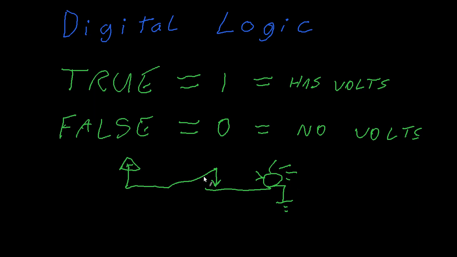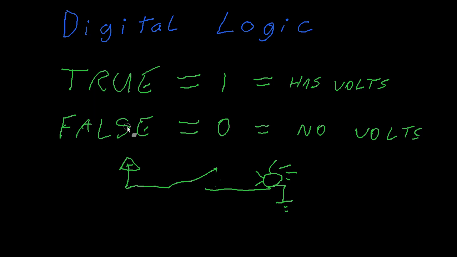So we associate these two values. A closed switch is true. It's a 1. It has volts. An open switch is a 0. An open switch, there we go, open. Okay, switch is open.